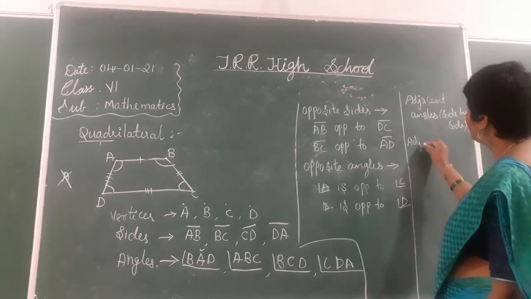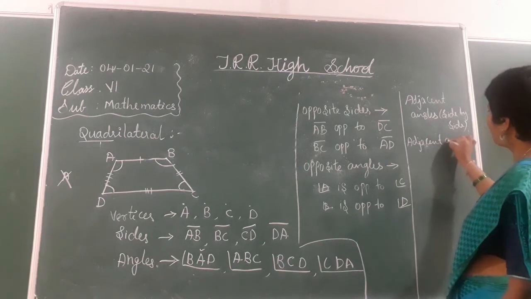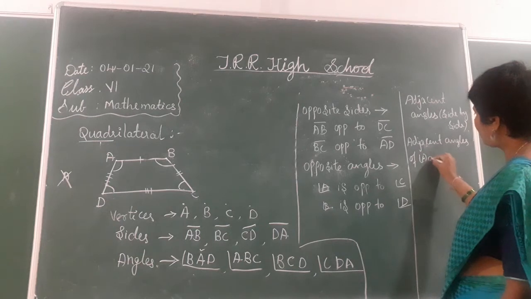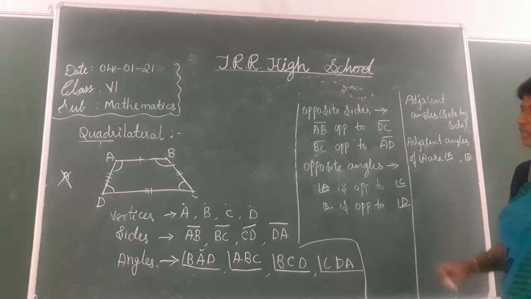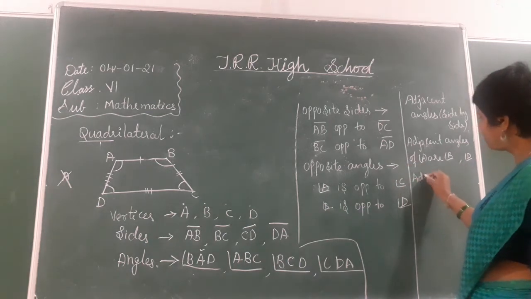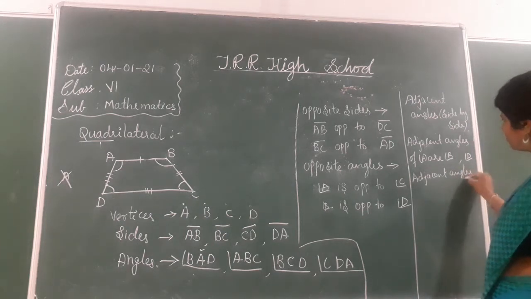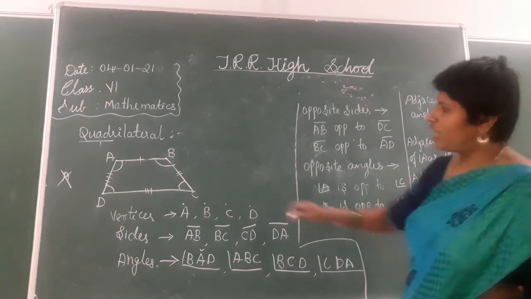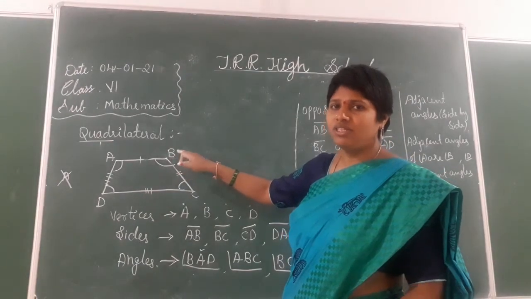Adjacent angles of angle A are angle B and angle D. Similarly, adjacent angles of angle B are: this is your angle B, so who is sitting beside angle B, which is nearest?